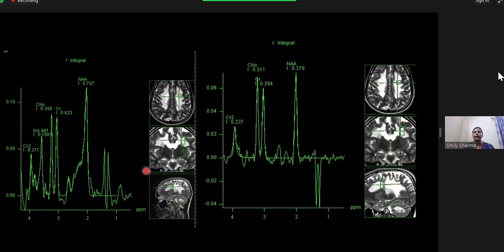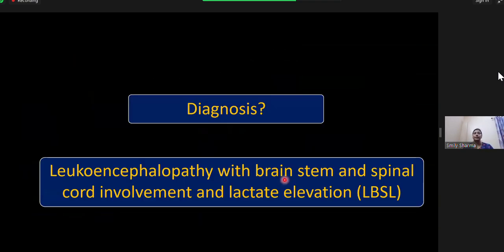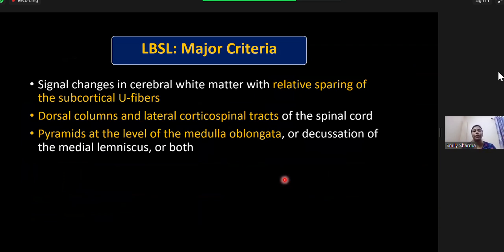If we encounter, especially in adults, a case where spinal cord involvement is there along with periventricular involvement, and we are getting a small lactate peak, then we may rethink. But when we are getting a very large lactate peak and this characteristic spinal cord involvement, then we should consider a diagnosis of LBSL as one of the top priorities.